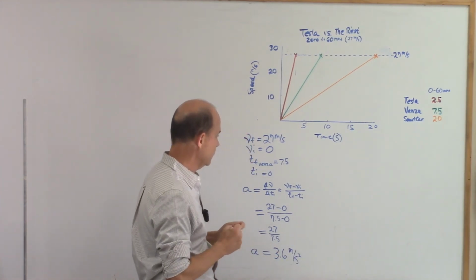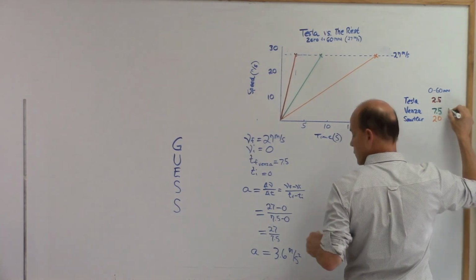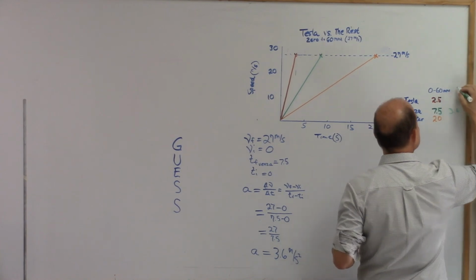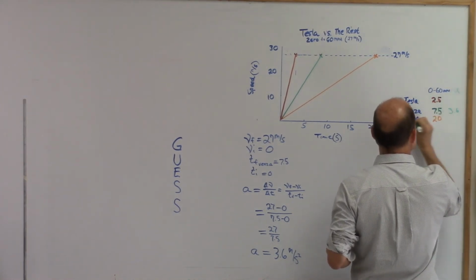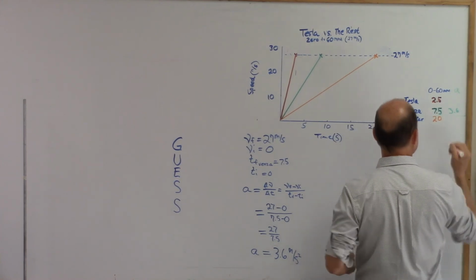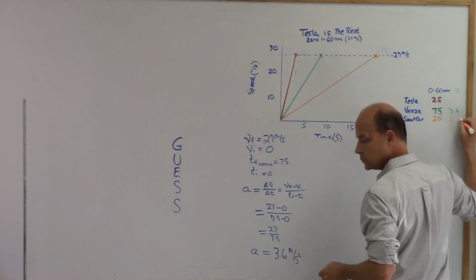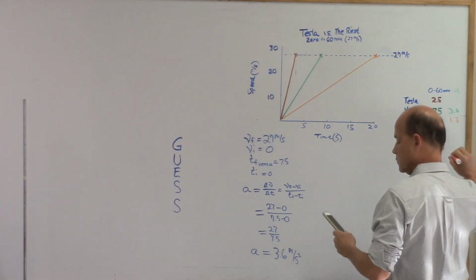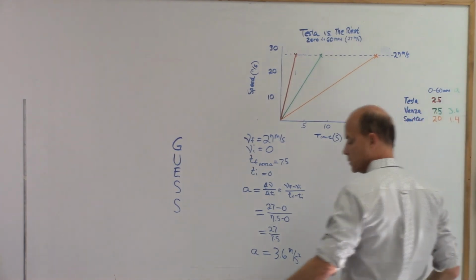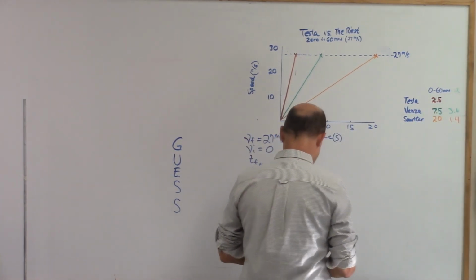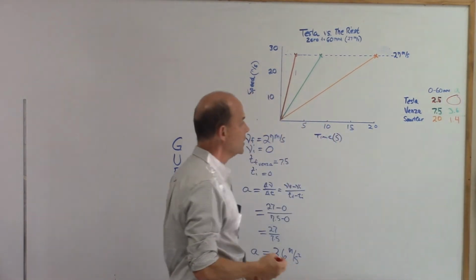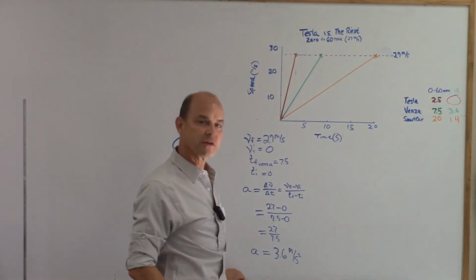Okay? 3.6 is the acceleration. And for the SmartCar, it was what, 1.3? It's 1.35. Okay, let's round that up to 1.4. All right. So now I want you to do the calculation and tell me what the acceleration of the Tesla is.